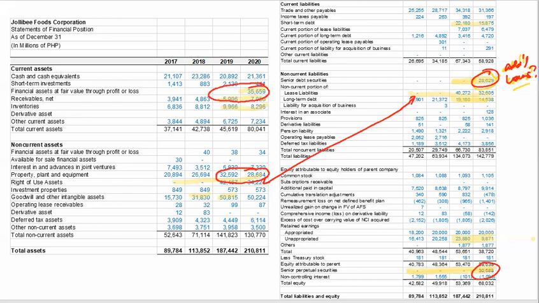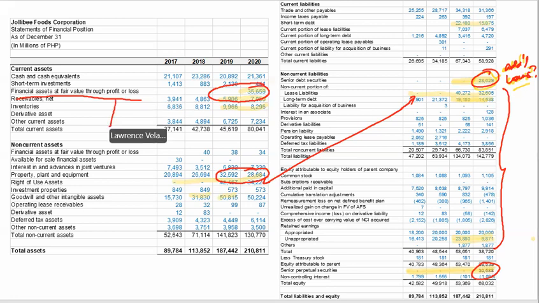Okay? So para kung iisipin mo, nag-raise sila ng funding ngayong 2020 pero hindi pa nila nai-invest into businesses or into capex. No? Why? Because the increase in assets nandun sa financial assets through fair value at profit or loss.